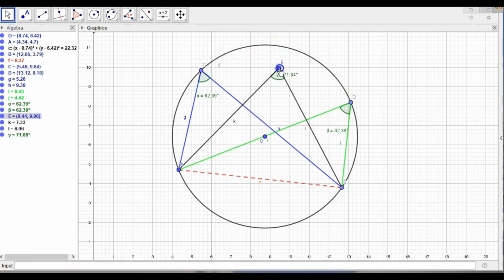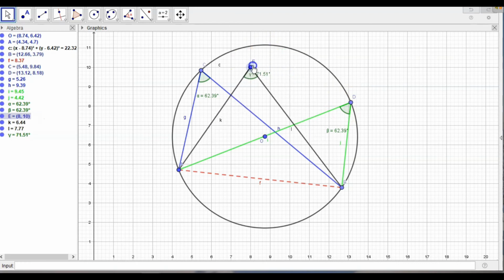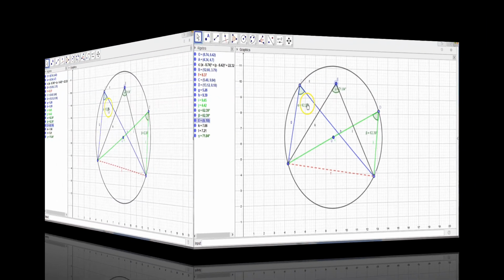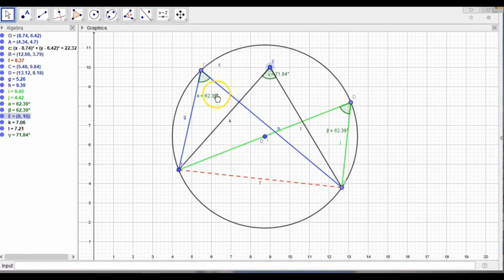So please remember that angles subtending on a common chord or common point must be on the circumference of the circle before those angle properties will hold. Please take note of that.